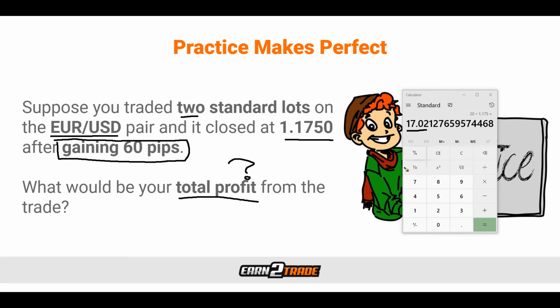Or in dollars, that would be $20 equals 17.02 divided by 1.1750. To determine our profit, we're just going to multiply the pip value by the pip movements. That means 17.02 times 60 pips equals 1021.2 in profit. Or expressed again in dollars, that would be $20 times 60 pips equals $1,200.